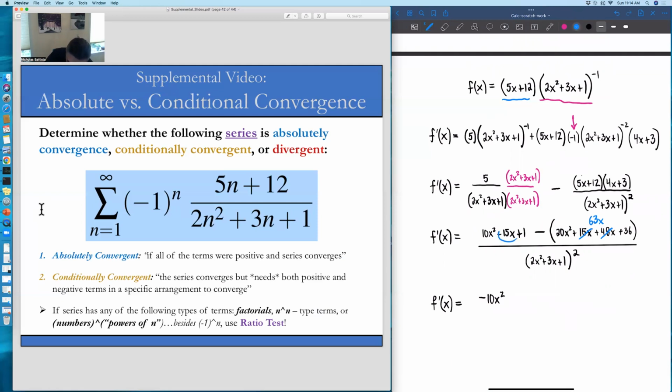Next, we have this 15x, and we're going to subtract from it a 63x after we multiply it by that minus 1. So we get a minus 48x. And then finally, we have this plus 1. And after we distribute that minus sign into the plus 36, we have 1 minus 36. That gives us a minus 35. And that's all over that denominator.